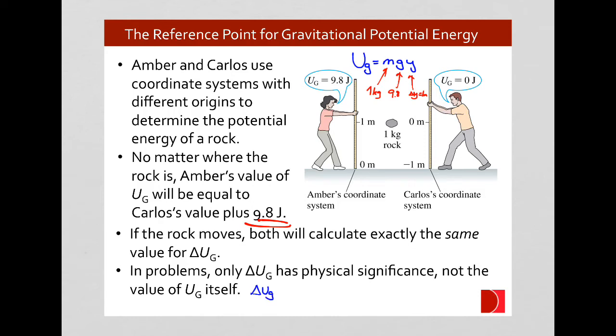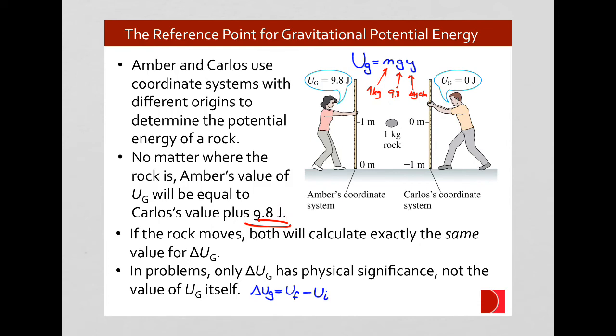But when you look at the change in gravitational potential, you'll have a final value and an initial value. And in Amber's case, her final value of gravitational potential energy will be 9.8 joules bigger than Carlos's. Her initial gravitational potential energy will also be 9.8 joules greater than Carlos's.